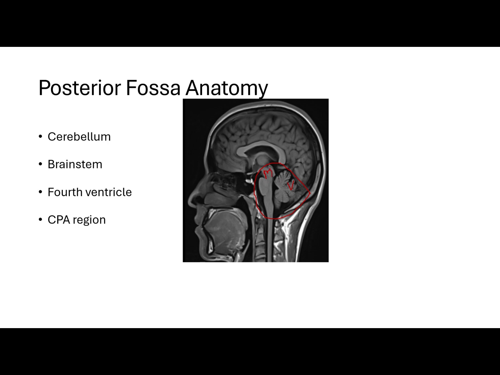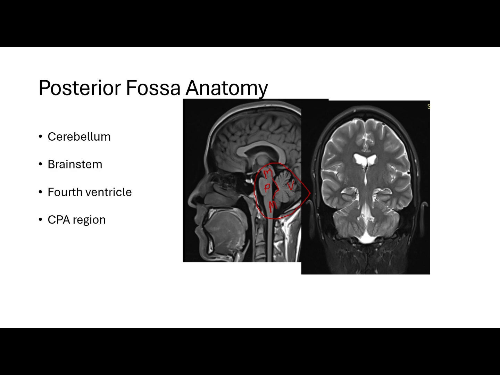This is the midbrain, the first part of the brain stem. This is the pons, and this is the medulla. So these are the three structures forming the brain stem, and this is the cerebellar vermis, and this diamond shaped structure is the fourth ventricle.